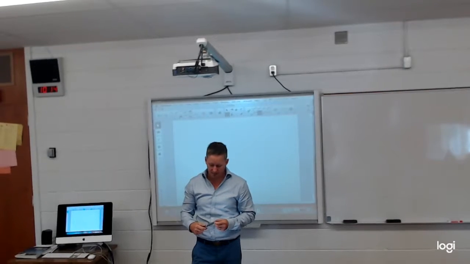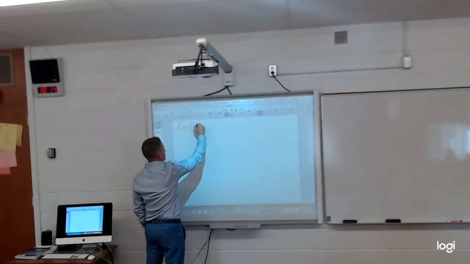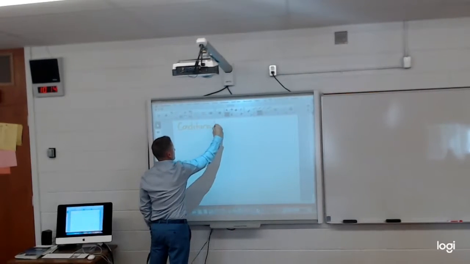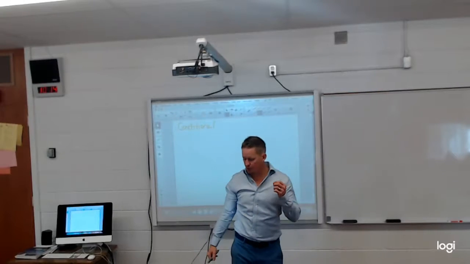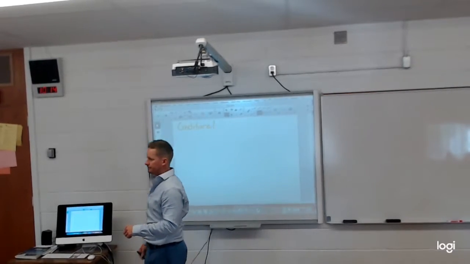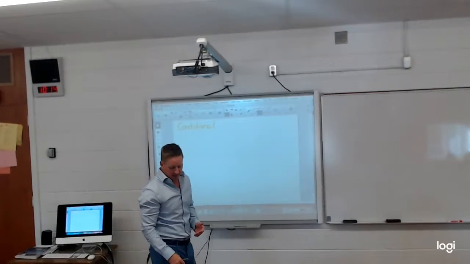So the first thing you want to know is a conditional statement. A conditional statement is basically just a statement in which you give a hypothesis and a conclusion. Okay? So that's the first thing that you need to know. That's your base statement.